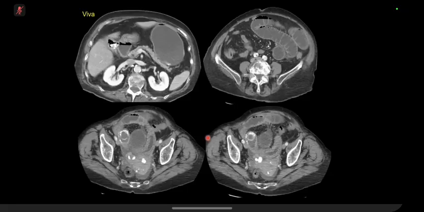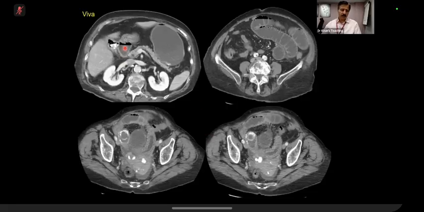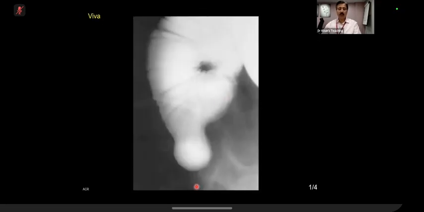So this is small bowel obstruction secondary to a mass with a calcification within it, likely some gallstone. If you see here, this is the gallbladder, it is fistulating into the duodenum, and then it has gone, this is the stone here, and there is small bowel obstruction, classical case of gallstone ileus.